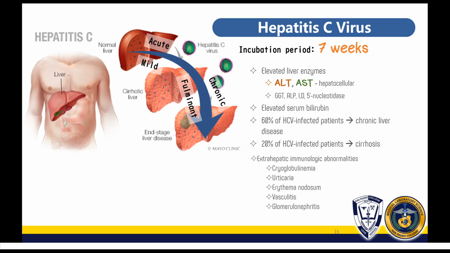But then again, these are merely complications. These are not due to infection of the virus in those areas. Walang infection ng hepatitis C in the kidney. Okay? The glomerulonephritis there is a result of an immune reaction due to the presence of hepatitis C infection.